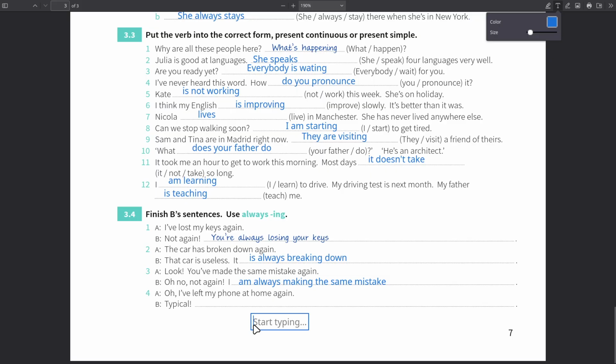The next one. Oh, I left my phone at home again. Typical.